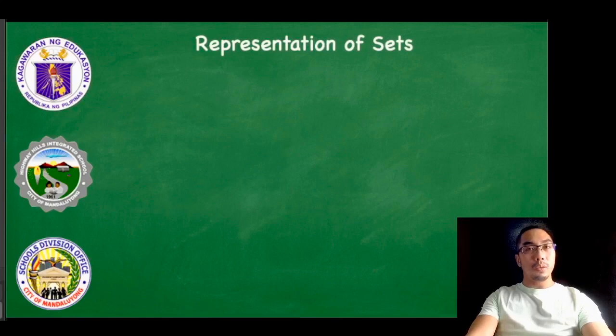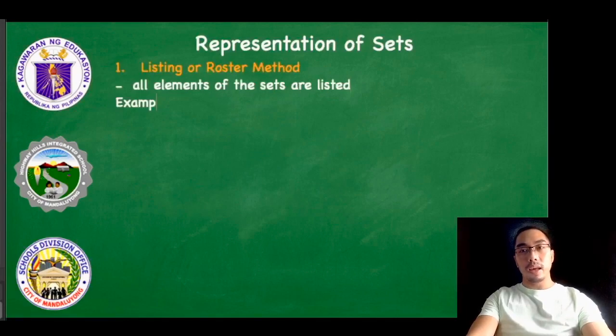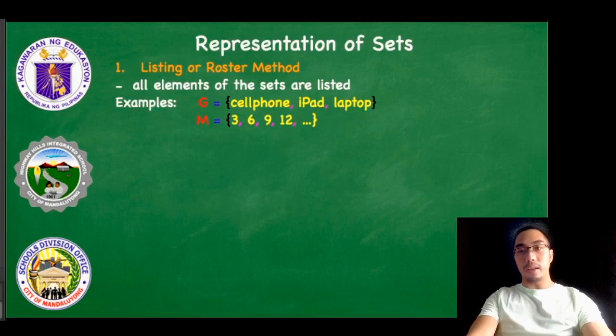Okay, now we will proceed to the representation of sets. There are actually three representations of sets. The first one is listing or roster method. This one is the most common representation of sets and the easiest because we are just going to list down all the elements of a given set.